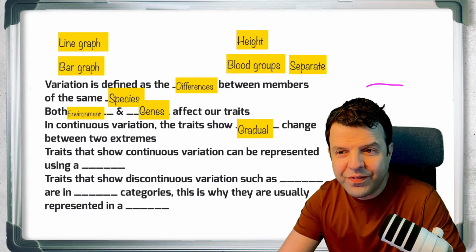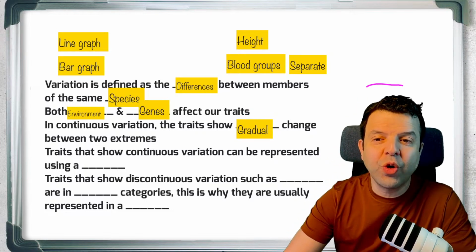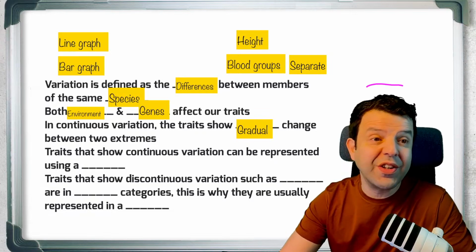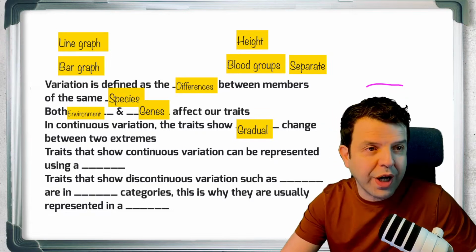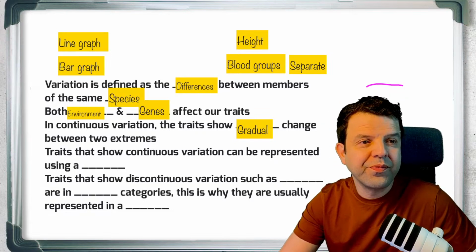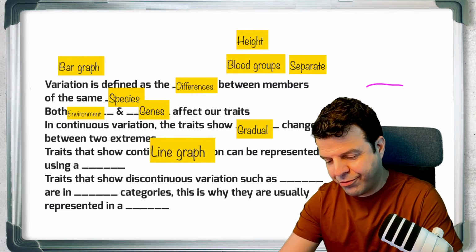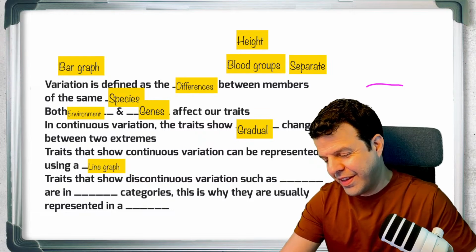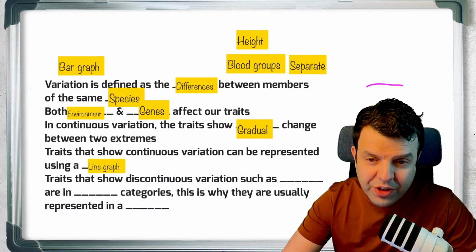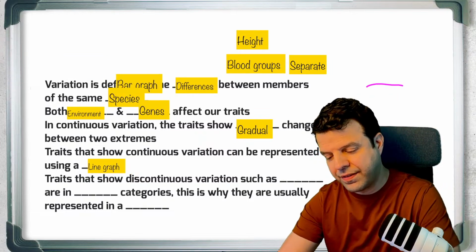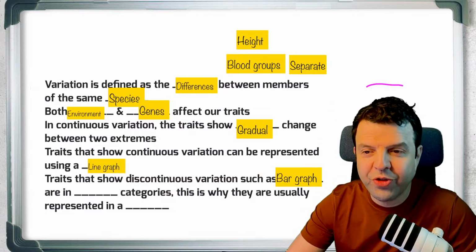Traits that show continuous variation can be represented using what kind of graph? A line graph. Traits that show discontinuous variation are shown in bar charts.